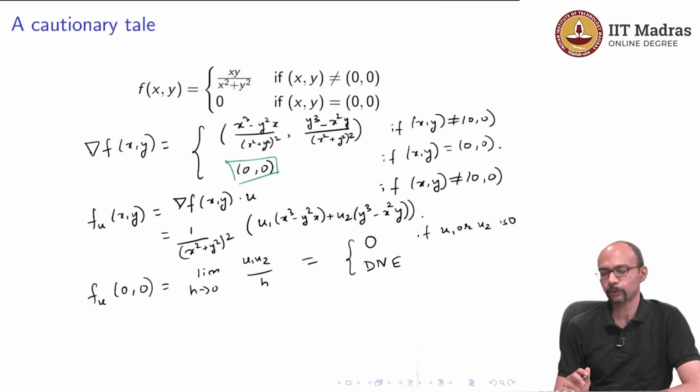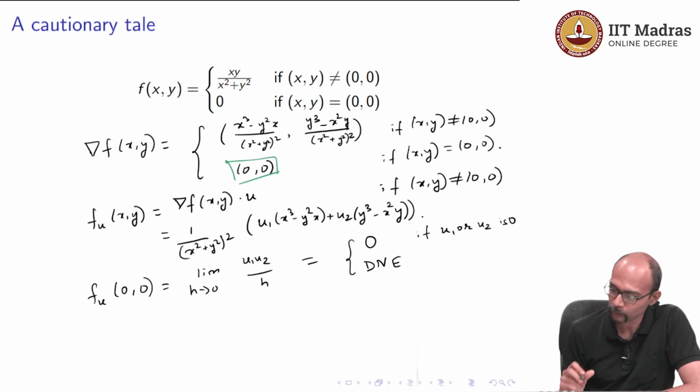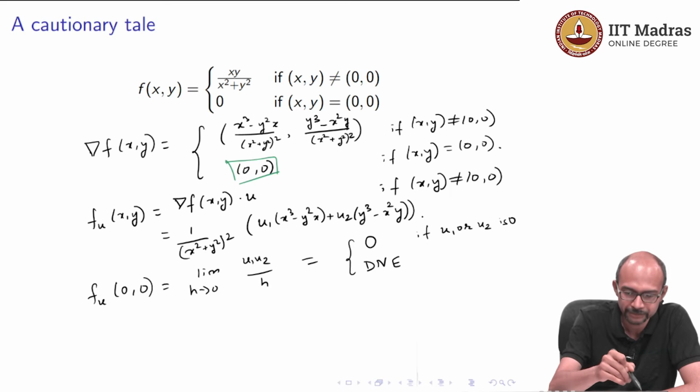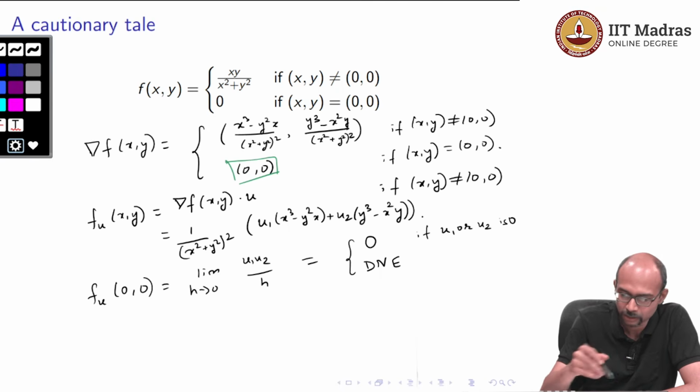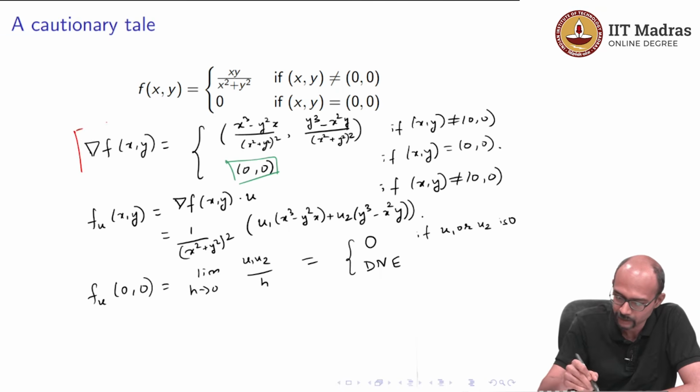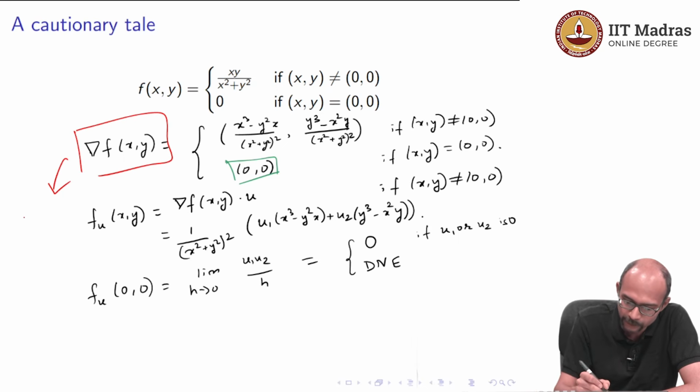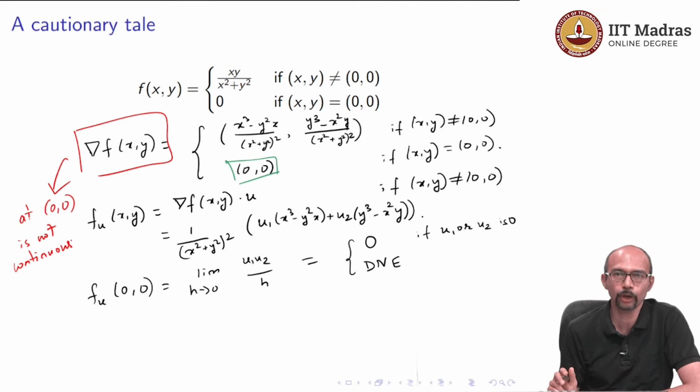And so, this formula, the gradient dot u giving you the directional derivative, does not hold in this case. And what went wrong? What went wrong is that at 0, the gradient function is not continuous, and this is actually something we checked in our video on continuity.